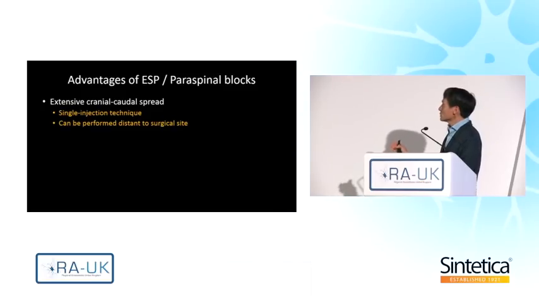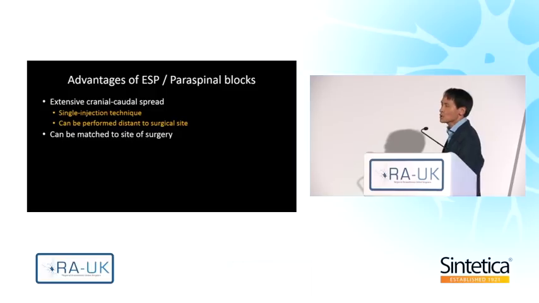But what I think we do know is that with these paraspinal blocks, one clear advantage is that you get extensive cranial caudal spread because you're working within this plane. So if you're interested in a single injection technique, I think it's great. If you have to inject distant to your surgical site, it's great because you can still reach it. You can match it more precisely to the site of surgery.